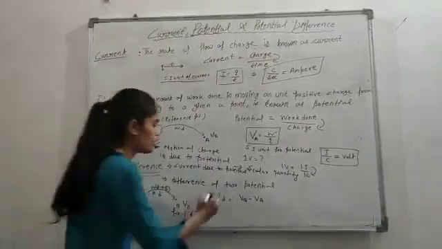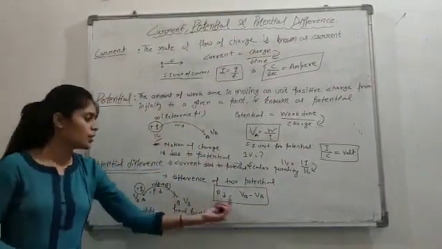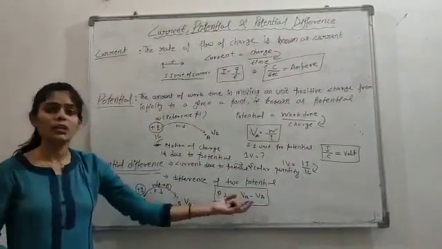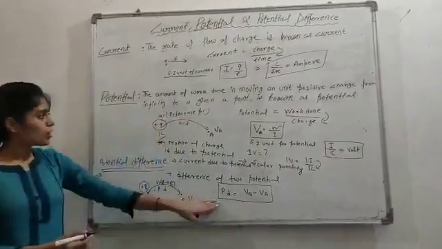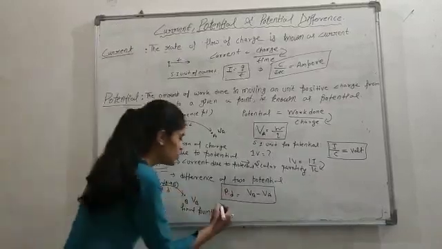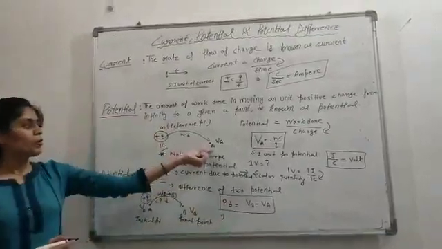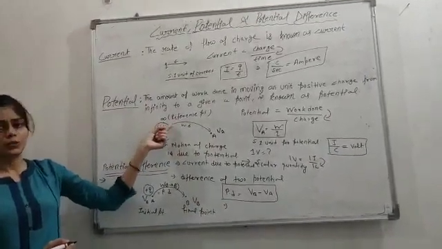In that case we have not taken infinity. Why? Because we already have a given point. And we can also calculate this same formula from this. Let's see how. In this case, one point is A, and the initial point is infinity.